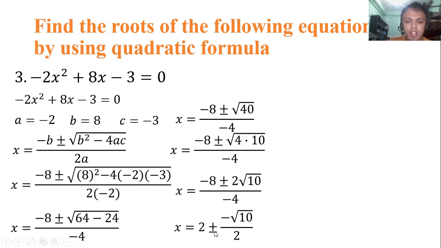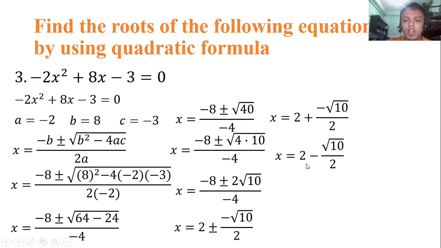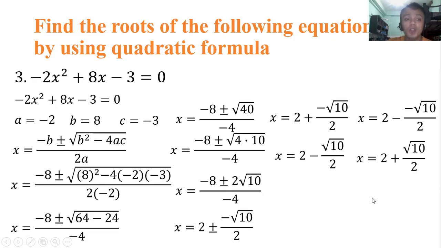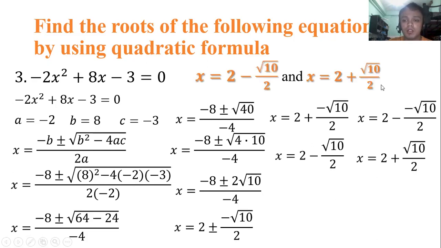So negative times square root of 10 over 2. Let us separate. 2 plus the negative square root of 10 over 2, or 2 minus square root of 10 over 2. That can be the answer. Then the other one, 2 minus negative the square root of 10 over 2, or 2 plus the square root of 10 over 2. So these will be their roots. Okay, complex numbers again.